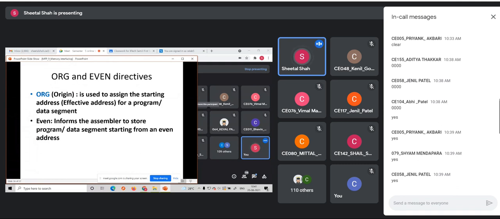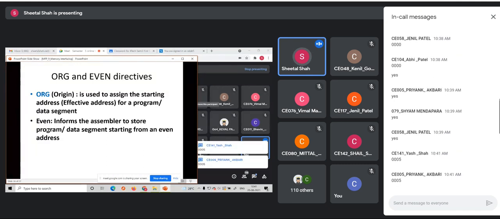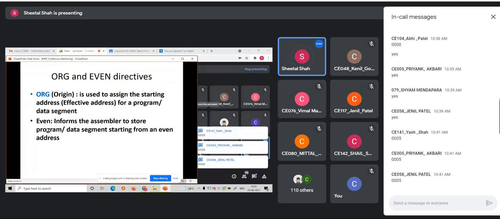The next variable I'm declaring is n1 defined by 10. What would be the offset value of n1? It would be 0005. Very good.